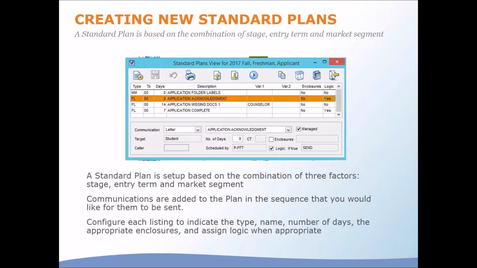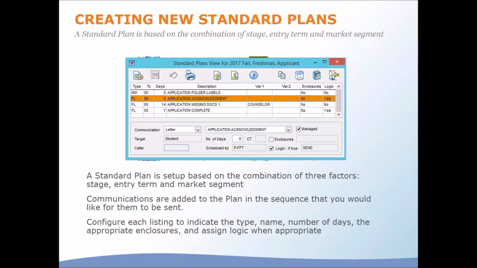Okay, so let's dive right into the standard plan. So what is a standard plan? It's a communication plan that is set up so that the communications configured in the plan itself will be automatically assigned to the appropriate student.